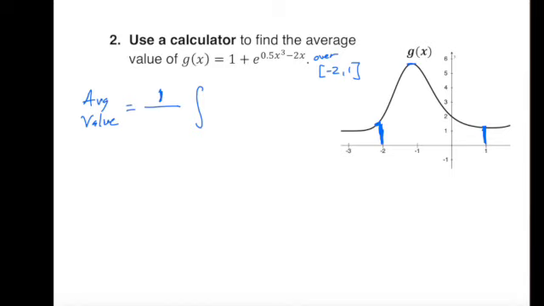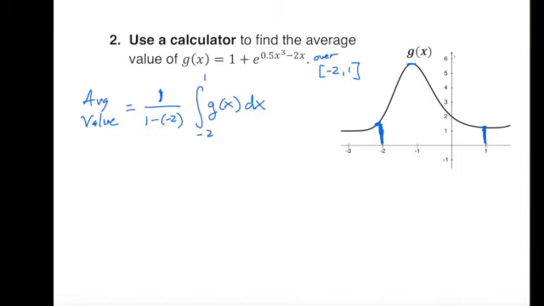So that's 1 over 1 minus -2 times that definite integral from -2 to 1 of, and even if you're using your calculator or not, you can express with shorthand function notation, g of x dx. You don't have to write the full function in there.